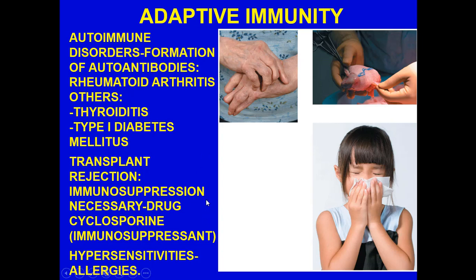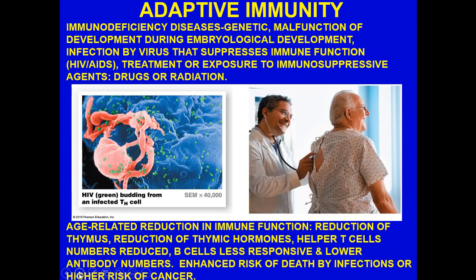We've already talked about hypersensitivity with allergies. Then we have the other issue, which is immunodeficiency diseases. Many times these are genetic. They're a malfunction of development during embryological development, and that's usually one way that you're going to have immunological deficiencies or immune deficiency diseases.